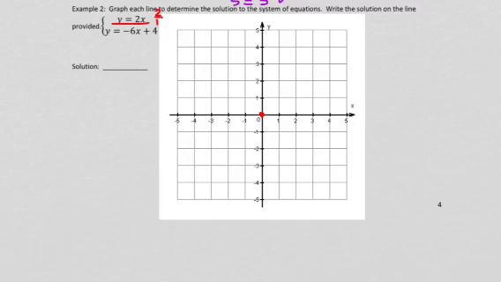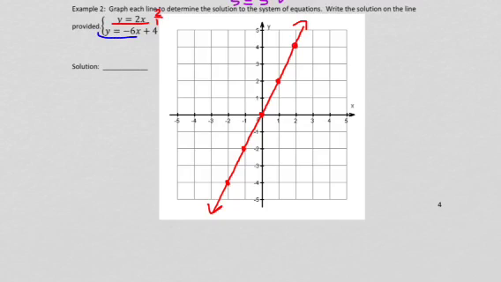So that means I'm going to rise 2 and run 1. Rise 2, run 1. I could also go down 2 and left 1. So notice that I'm covering the entire grid. And now I'm going to draw my line. And you would use a straight edge to connect the points there.